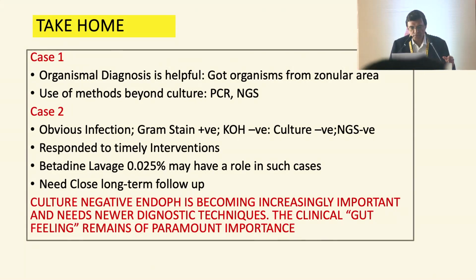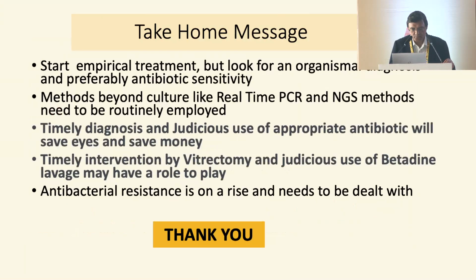And in case 1, you saw that despite the PCR, and NGS was not available at that time, PCR and culture gave us a diagnosis and we were appropriately able to treat. So sampling of the correct sample is important, and in the second case, as I showed you, use of multiple drugs, use of betadine lavage, and a close long-term follow-up in these cases is important.